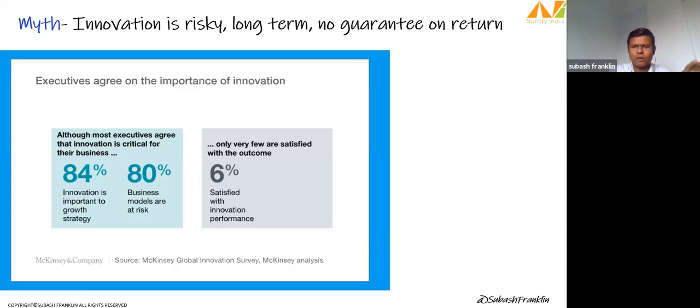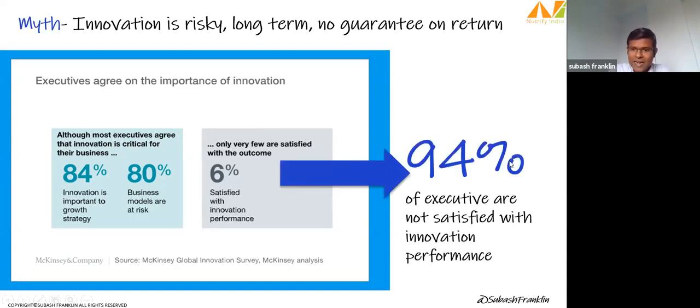So look at the paradox: 84% agree that innovation is very critical for growth, yet only 6% are satisfied with the innovation performance. That means 94% of the executives are not satisfied with the innovation performance.